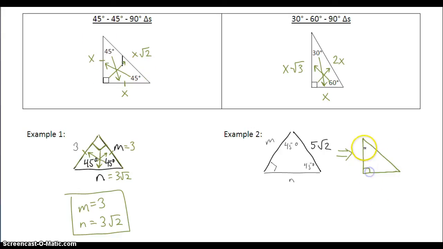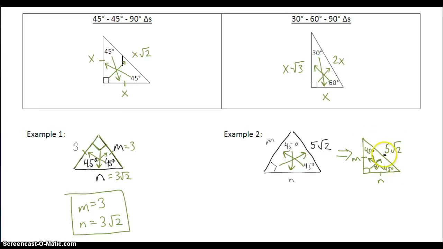I have my 90-degree angle and my 45-degree angle and my 45-degree angle. And across from my right angle is my hypotenuse, in this case 5 square roots of 2. And across from my 45-degree angle is m.